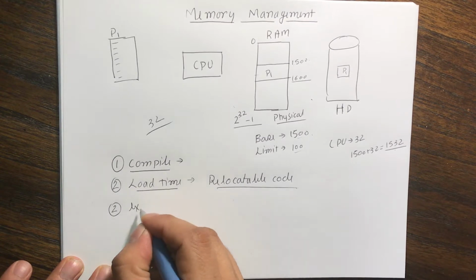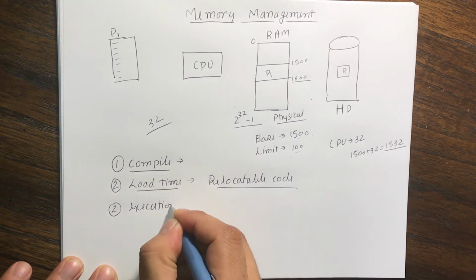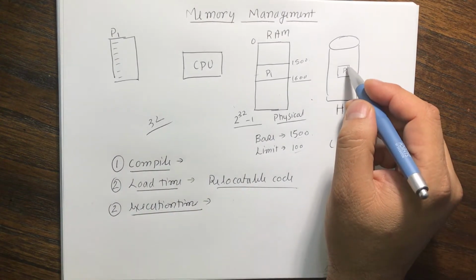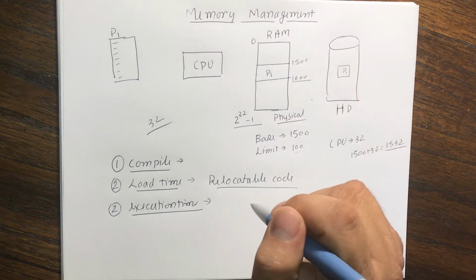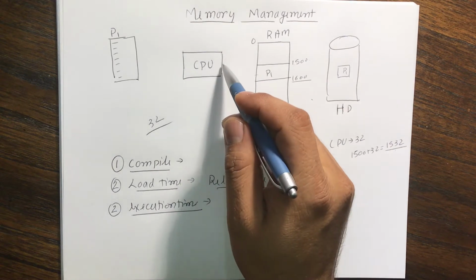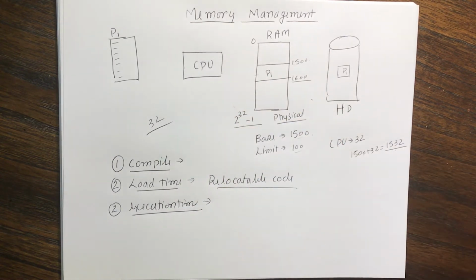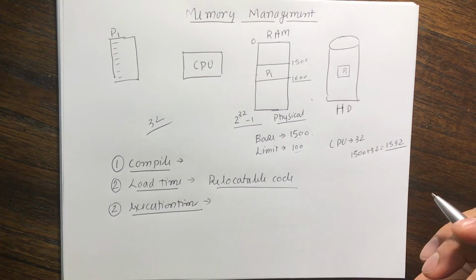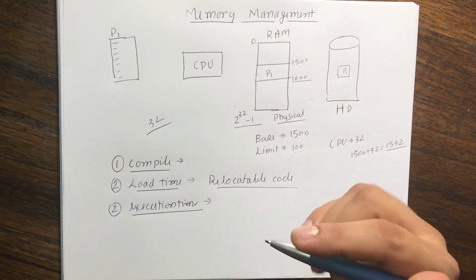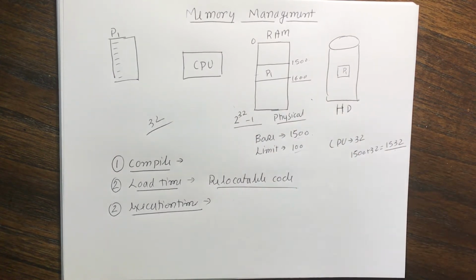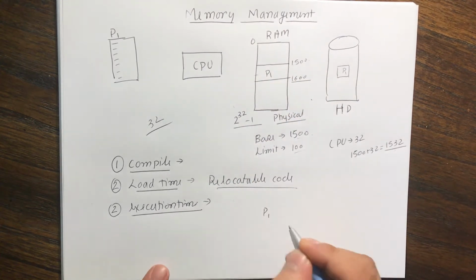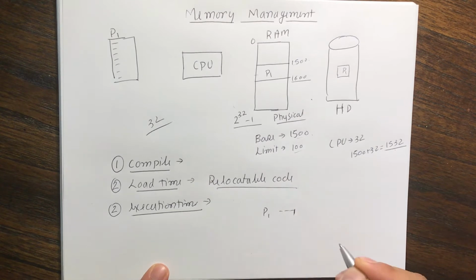The third time is execution time. The program starts getting loaded inside the RAM, and at that time it gets loaded somewhere. The CPU will say, give me that line of code, and it will go there and get it. The operating system might move your code based on whatever is happening inside your program. Let's say program P1 starts executing and waits for an IO interrupt.